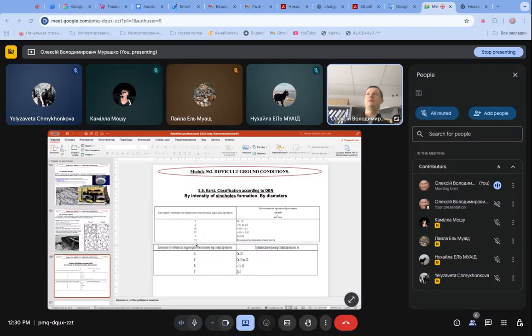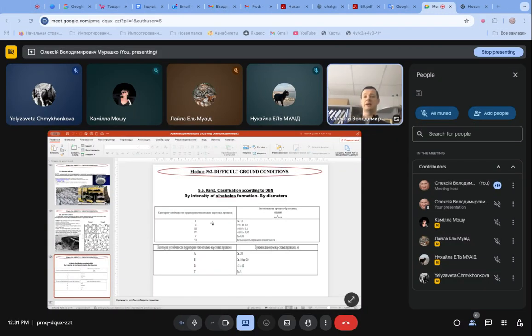If you analyze, for example, a territory of 20 square kilometers, and on that territory during the year you have two sinkholes, that will mean that per 1 square kilometer you have 0.1 sinkholes per year.